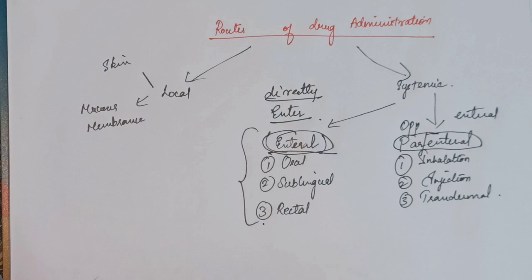Today we are going to concentrate on the enteral route in detail. First one is the oral route. As I said earlier, the oral route is the commonly acceptable route of drug administration.